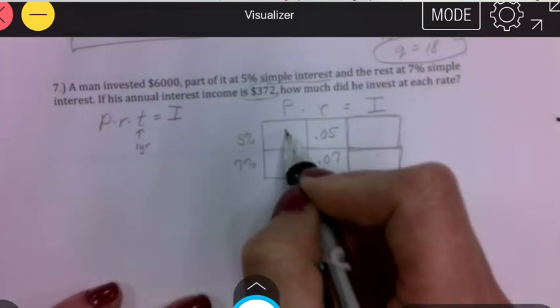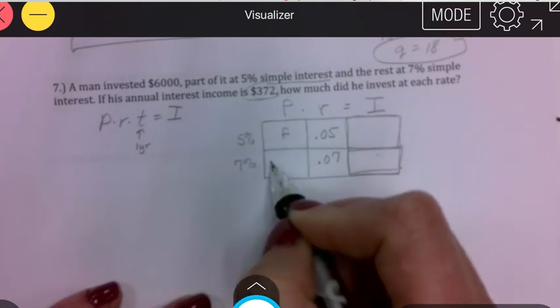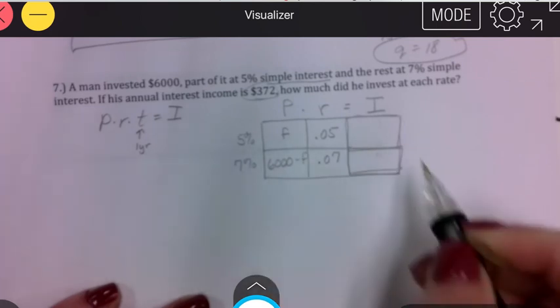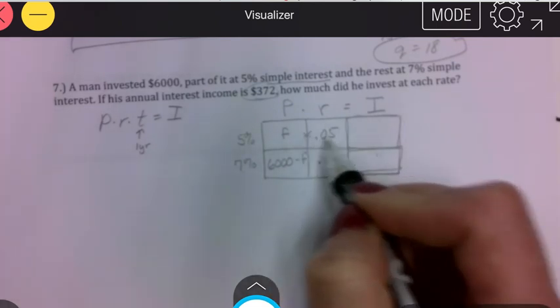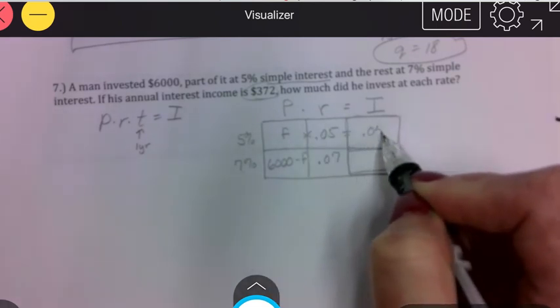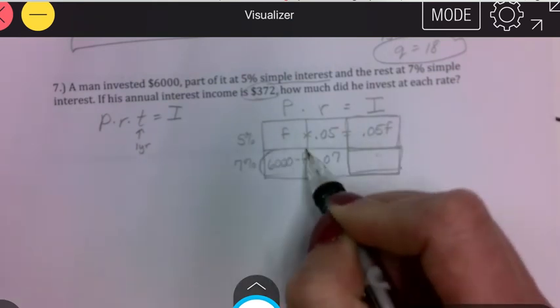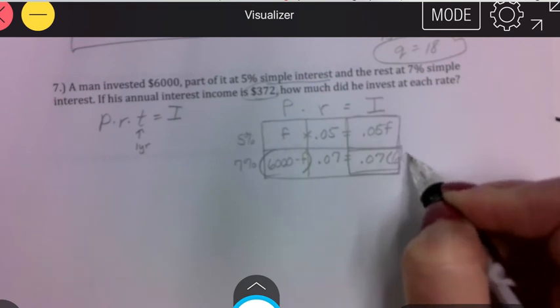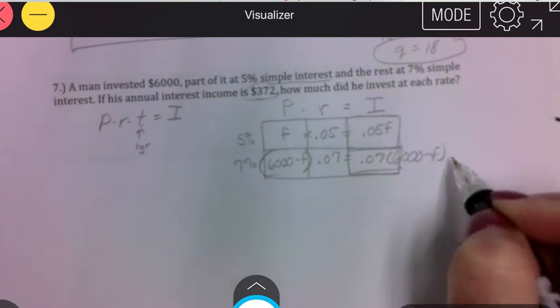Let's say that I let the principal at 5% be F. Then the principal at 7% must be 6,000 minus F. If I multiply across, I end up with 0.07 times 6,000 minus F.